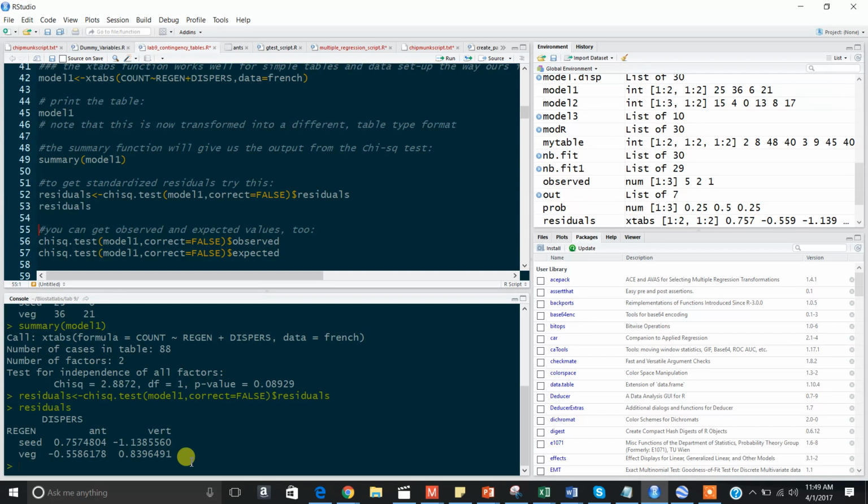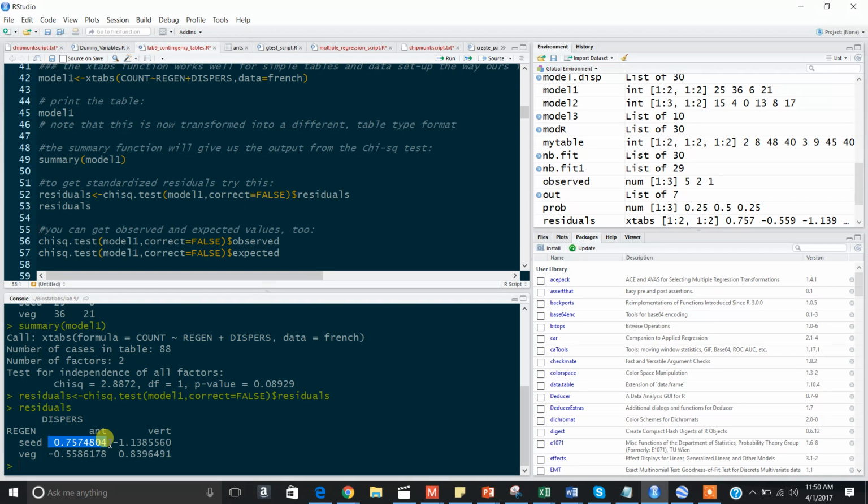So for instance, the seed regeneration plants that were vertebrate dispersed, so that's this value here, they are less likely to have regeneration because it's a negative number, and more likely to have seed regeneration if they are ant dispersed.